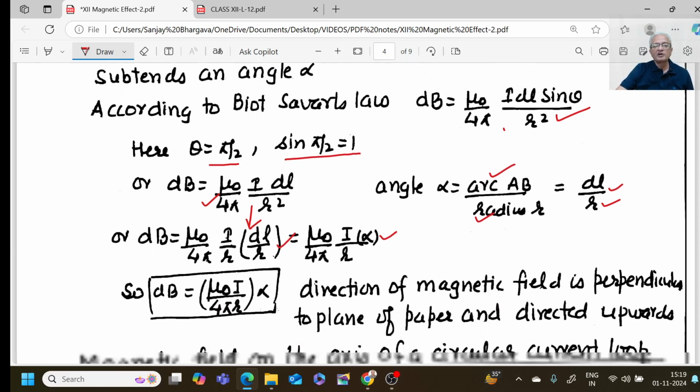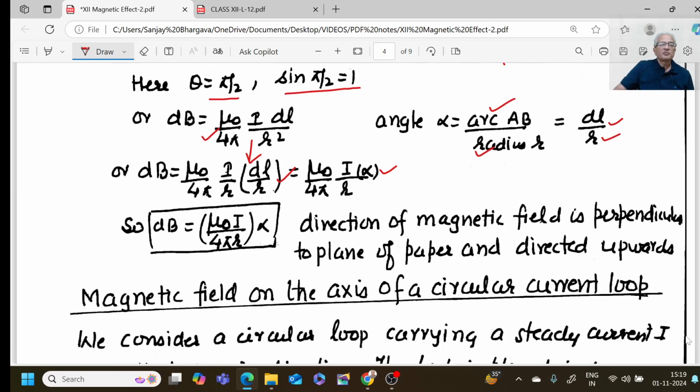The magnetic field due to circular arc dB would be equal to mu 0 I upon 4 pi r angle alpha. Alpha is supposed to be in radian. The direction of the magnetic field is perpendicular to the plane of the paper and upwards. Once again determined with the help of right hand thumb rule, where we say curl the fingers of the right hand in the direction of current, then the thumb gives the direction of magnetic field.